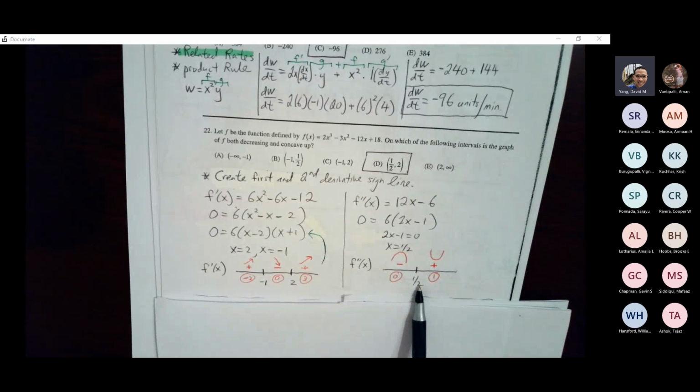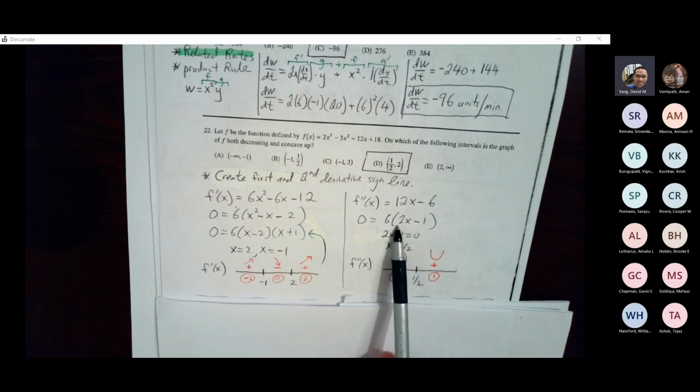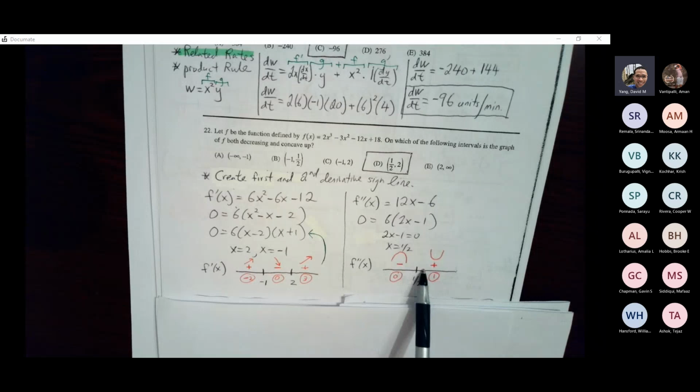So 1/2 is our potential point of inflection. We're going to choose points on either side of 1/2, insert into my second derivative. So 0 is to the left of 1/2, 0 in for x, 0 minus 1 is negative. Negative times 6 is a negative, so concave down. Okay. To the right of 1/2, plug in 1 in for x, positive, concave up.